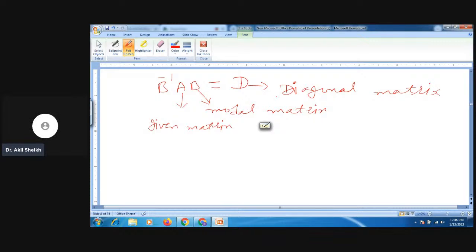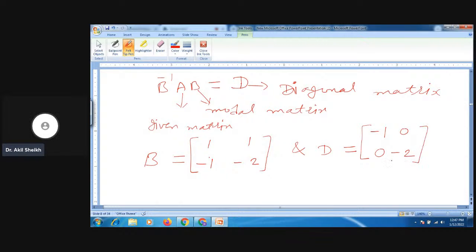In other words, eigenvalues are nothing but the diagonal elements of the matrix capital D. So from the eigenvectors we form the model matrix B. The eigenvectors are (1, minus 1) and (1, minus 2), and the diagonal matrix D we form from the eigenvalues, minus 1 and minus 2, which will be the diagonal elements.